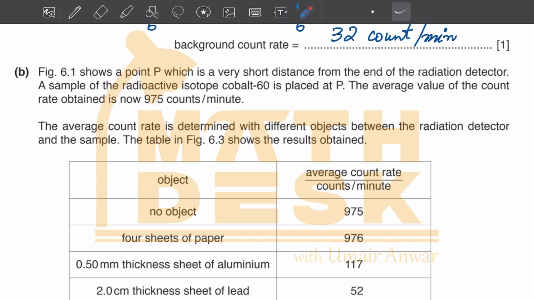Now, a sample of radioactive isotope cobalt-60 is placed at P. The average value of the count rate obtained is now 975 counts per minute. The average count rate is determined with different objects between the radiation detector and the sample. Table 6.3 shows the results obtained.